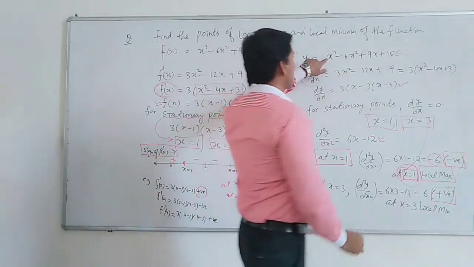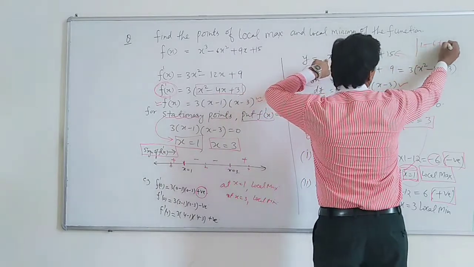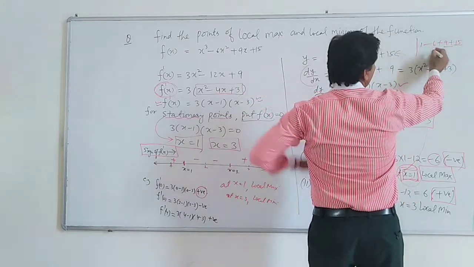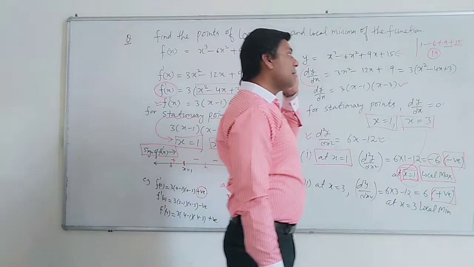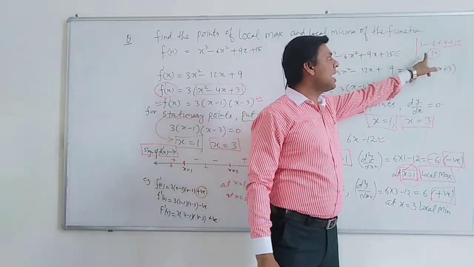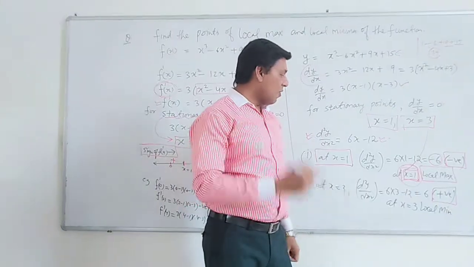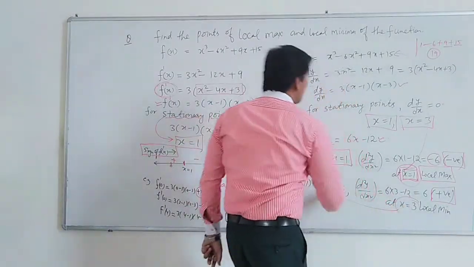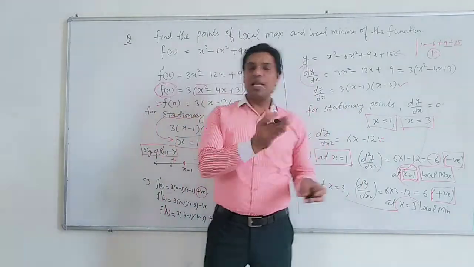So if I put x is equal to 1 in the function, I will get 1 minus 6 plus 9 plus 15, 19. So this is the local maximum value. And if I want to know the local minimum value, then I put x is equal to 3 again in the function, then I will get the local minimum value.